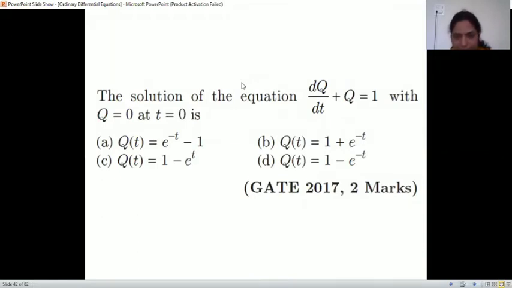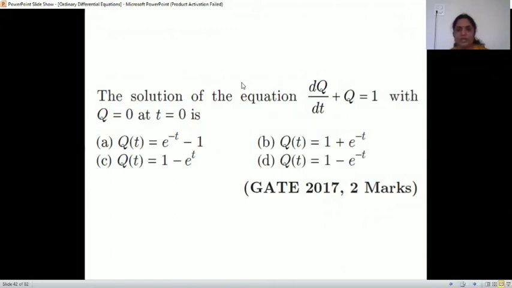Can we write d by dt as capital D? And this is D plus 1 q equal to 1. No doubt at all, this is a LDE with constant coefficient. So we can solve D plus 1 q equal to 1. This is just an ODE of the form dq by dt plus pq equal to r.